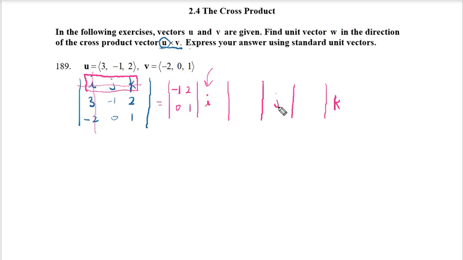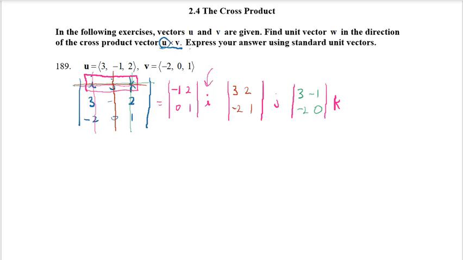On the j, we're going to cross out the top row and the j column, and that leaves us with a 3, 2, negative 2, and 1. And likewise for the k, we're going to cross out the k column and the row at the top and write down what's left. That's 3, negative 1, and negative 2, 0.